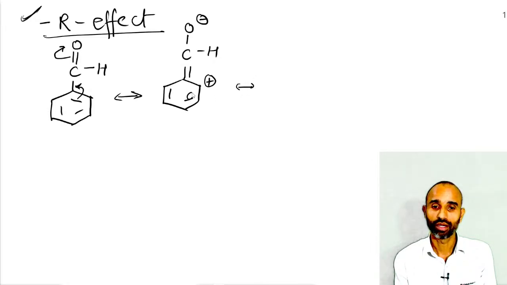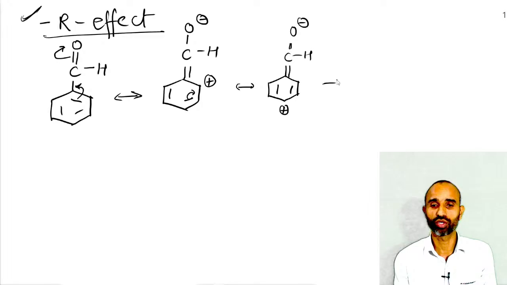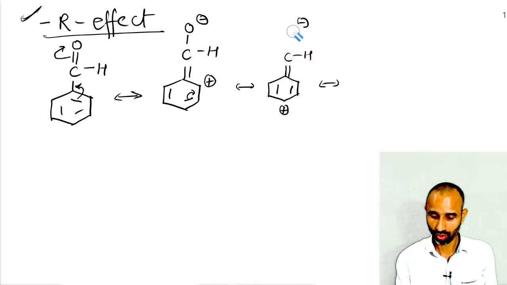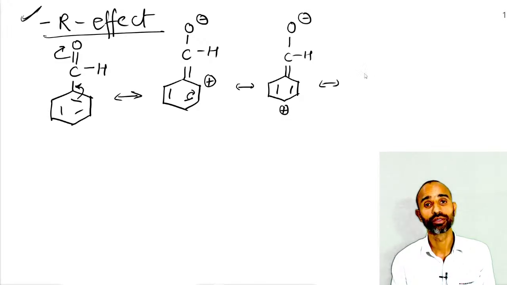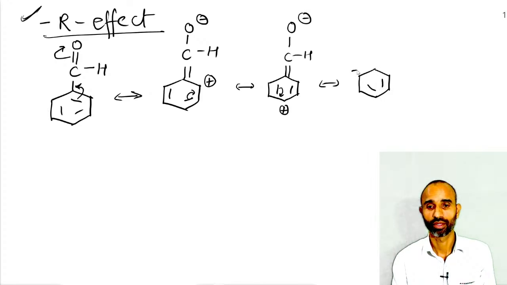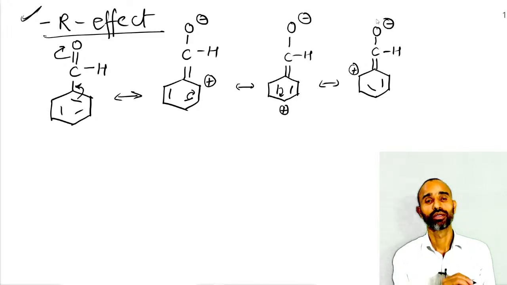And again that positive charge shifts to the para position. So whether the electron releasing or electron withdrawing effect, both take place at the ortho and para positions. The resonance takes place at ortho and para positions only. This is the case.